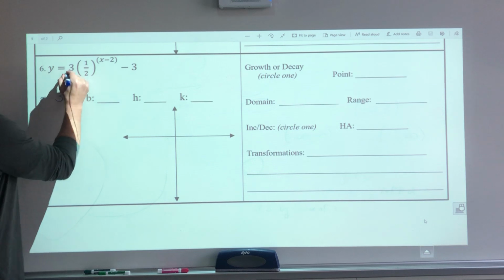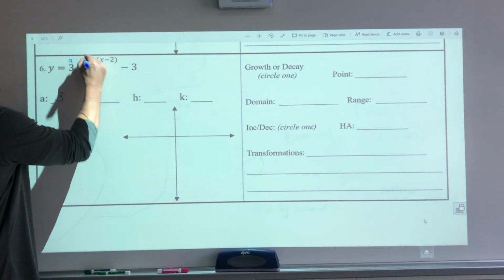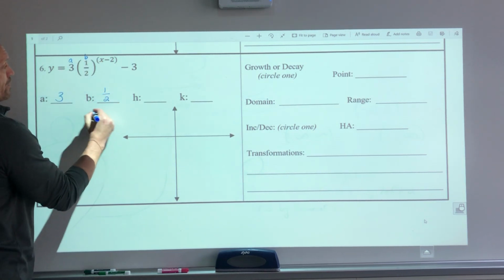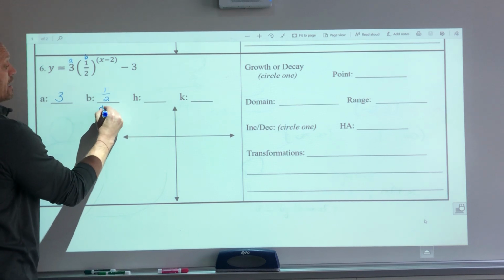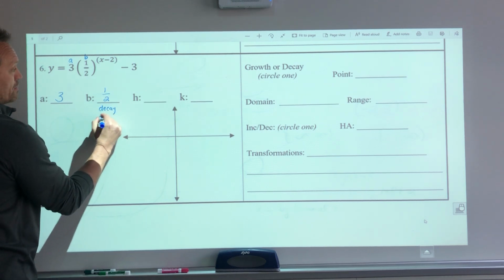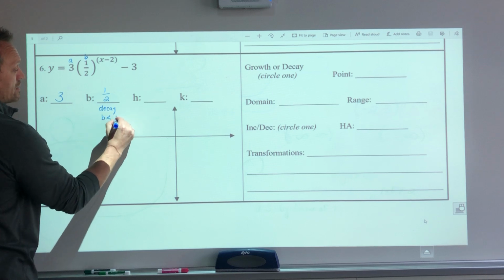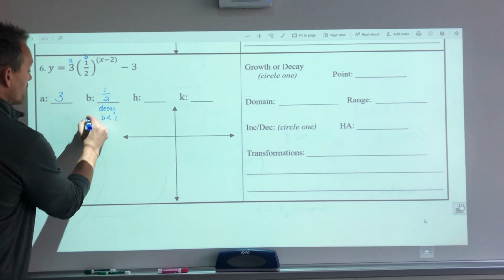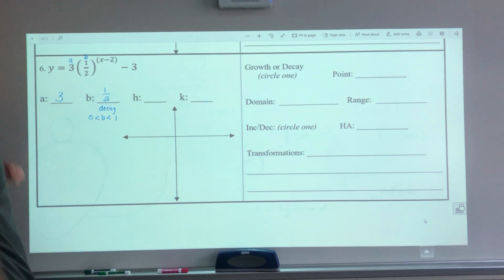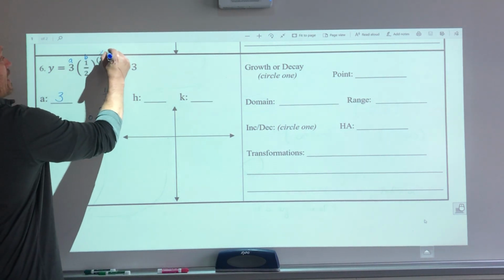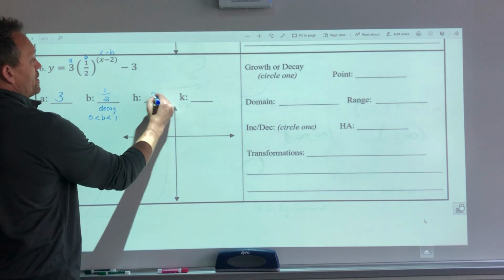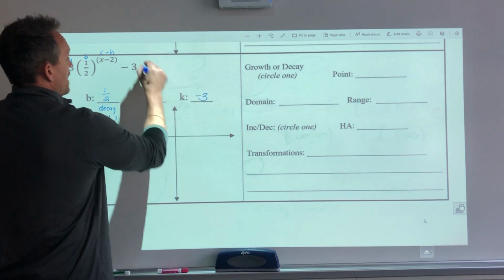Here, A is 3. This is my A. My B is 1/2. This is a decay because my B is less than 1, greater than 0, but less than 1. My H, this is x minus H, so my H is simply 2, and my K is -3.